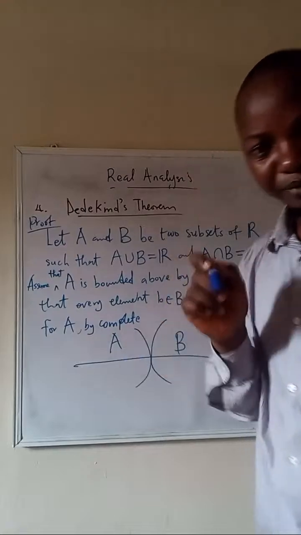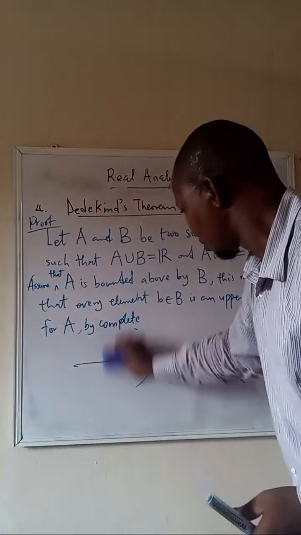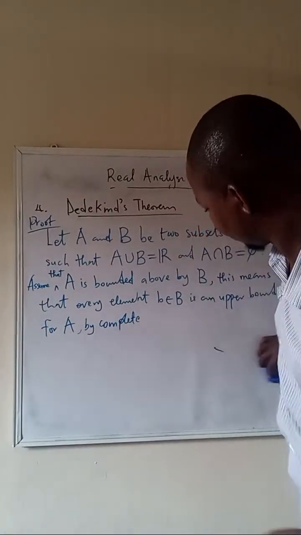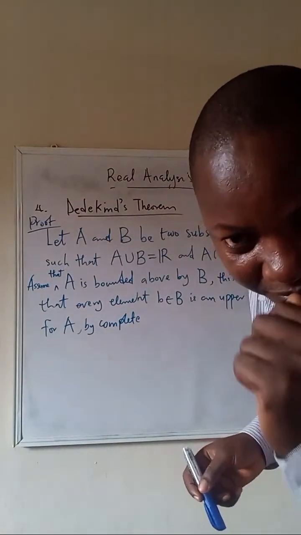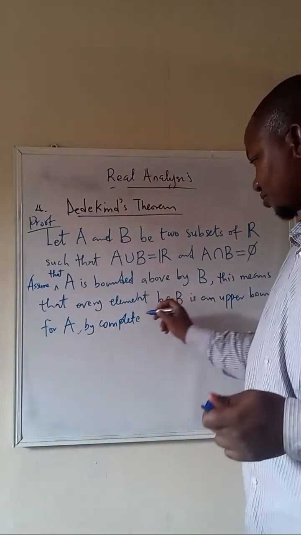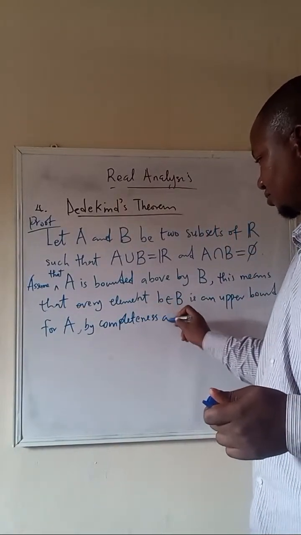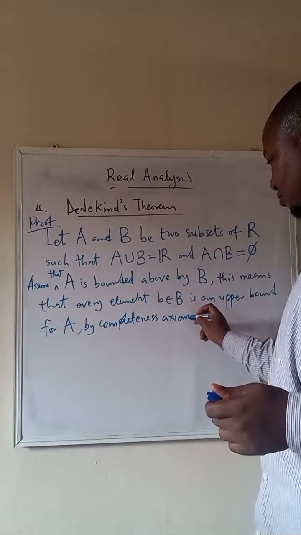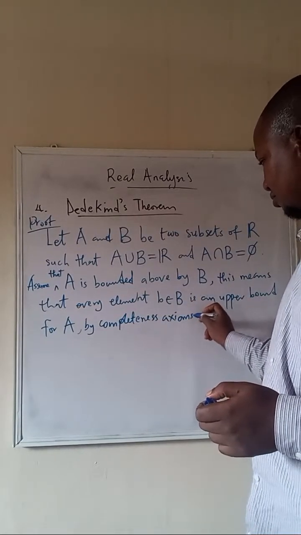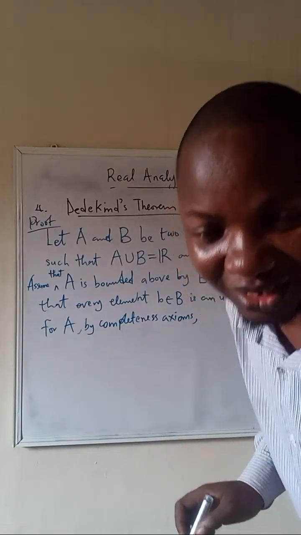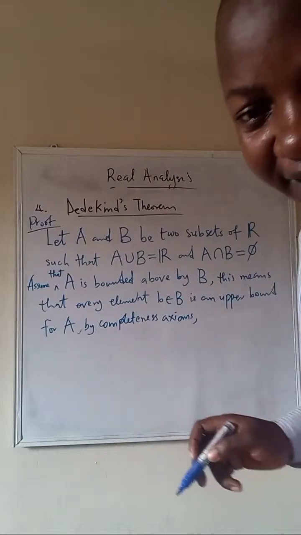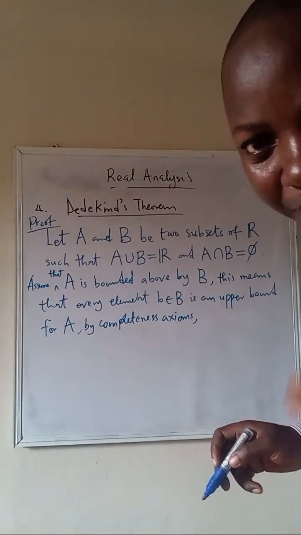Someone should tell me what will be next now. By completeness axiom, what will happen? Somebody should tell me that. Okay, what is not clear? Is it the definition or the camera? What is not clear?